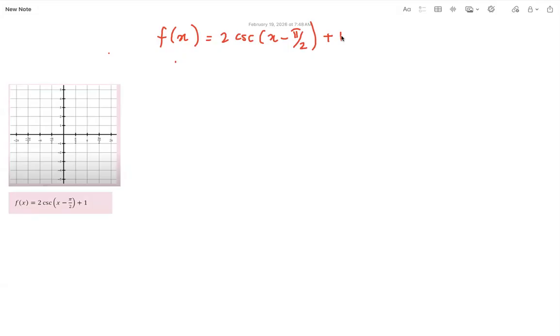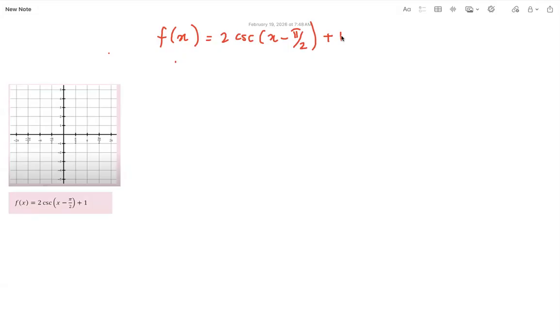Yes, ma'am. The range is correct, but is your asymptote correct? There is a phase shift, right? You did not account for that. What I did for the phase shift, I just did x minus pi over 2 equals, wait, never mind.